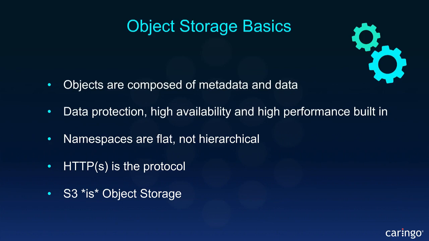And the way you may have heard of object storage in the first place, without even knowing it was object storage, is through S3. And so I just wanted to plant a little flag here and point out that S3 is object storage. Objects in S3 are identified with globally unique identifiers as well as flat names. And those flat names exist in flat buckets. And the S3 protocol is implemented on top of HTTP and HTTPS.